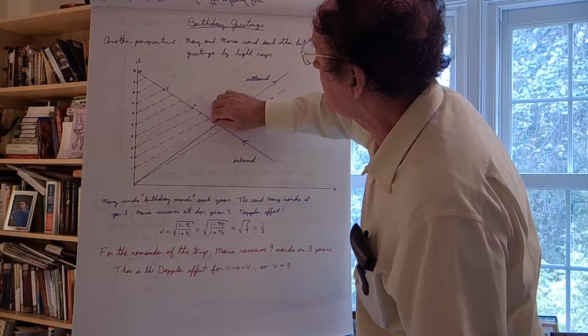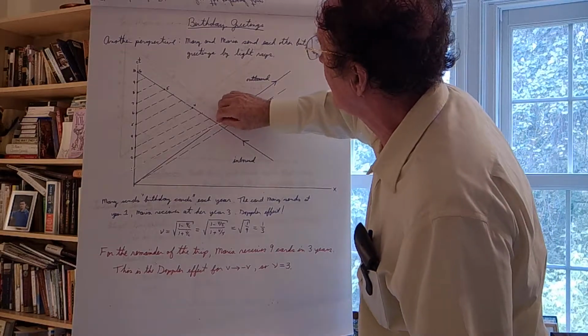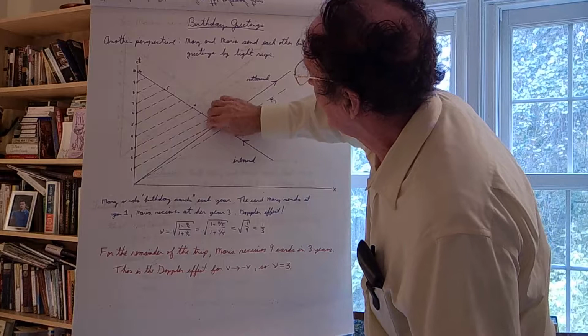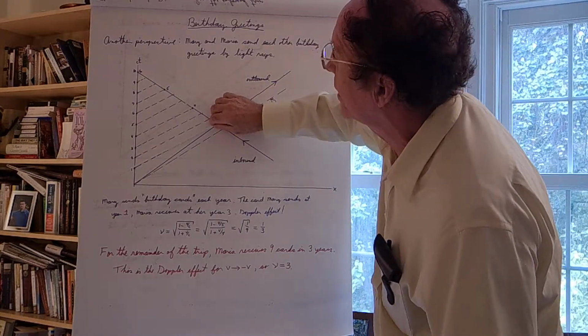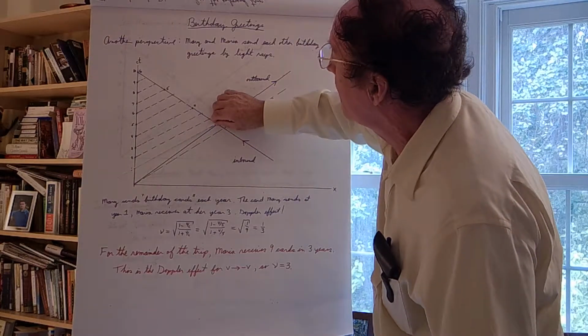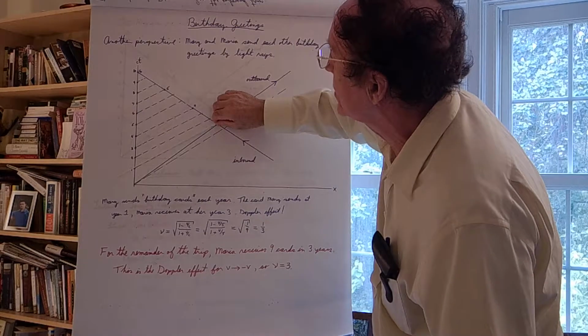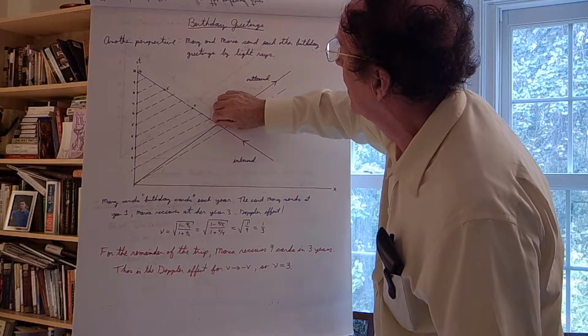And so for the rest of the trip, the inbound, the 1 to 3 covered the outbound portion of the trip, and Maria has to wait 3 years to get 1 card from Mary.